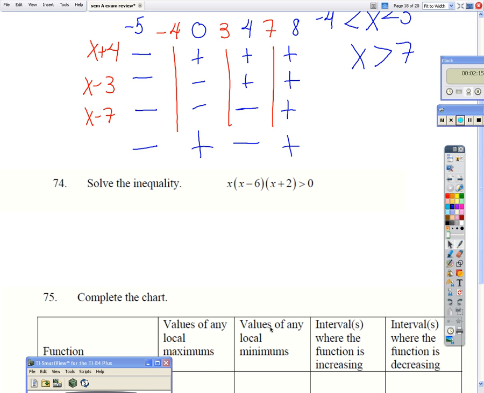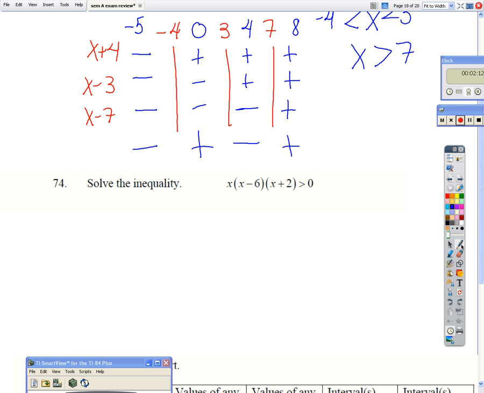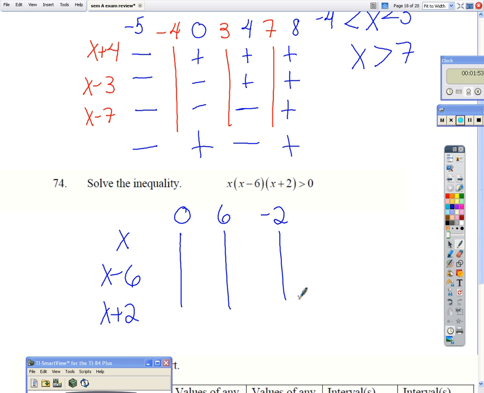Okay, we're going to do the same thing again for number 74. Now we can use the calculator for this one, but I'm going to stick with the chart. Okay, so a number less than 0, in between. Oh, it would help if I put my factors in order. Okay, let's try that again.